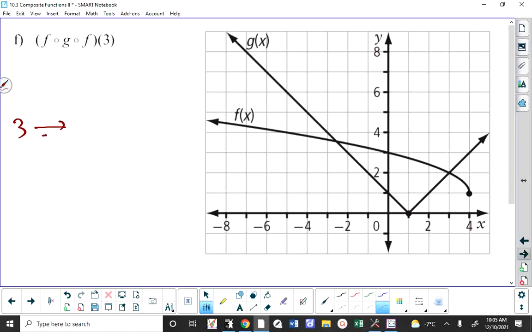Three goes through f. That result goes through g. That result goes through f again to get our answer.